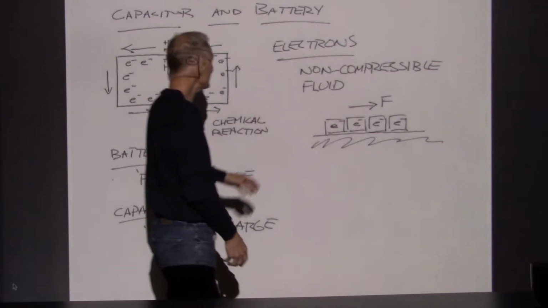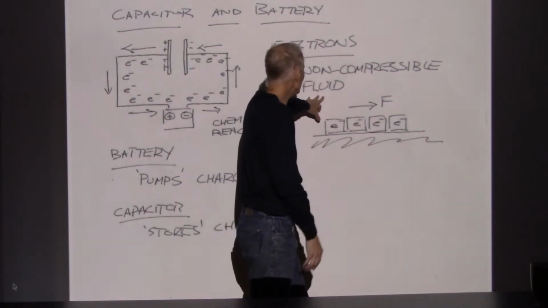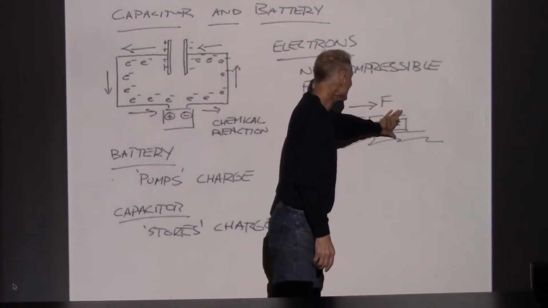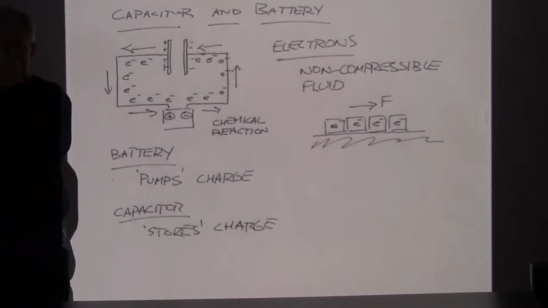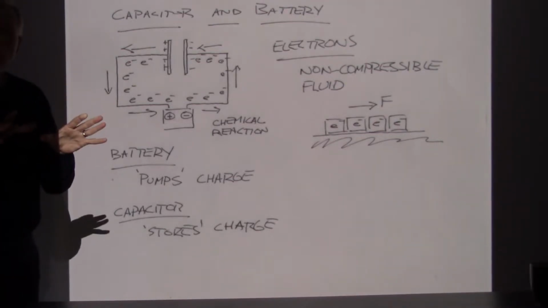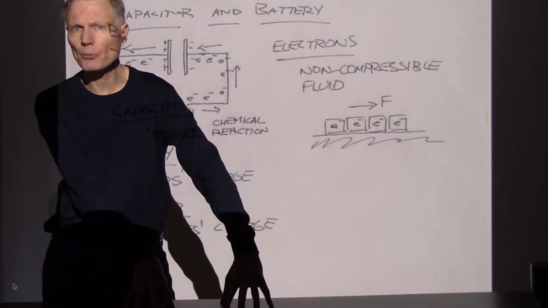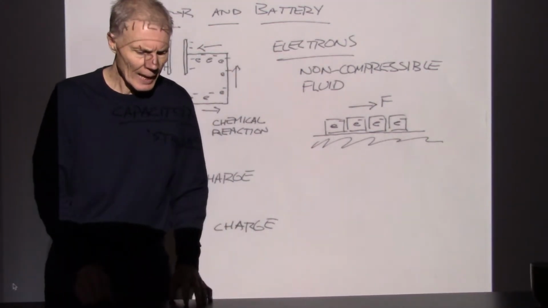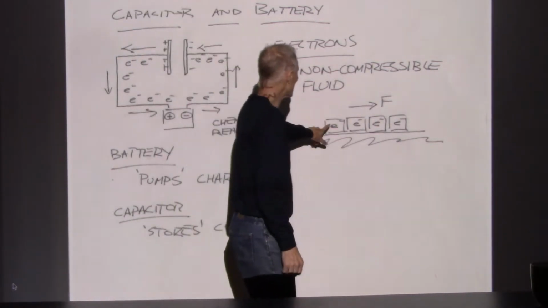And so it's kind of like, well, the non-compressible fluid could also be thought of as a series of blocks. If you want to go back to chapters 4 and 5, what we could do is we could get a bunch of blocks, put them on a surface with friction, and we'll write the symbol electron on each one of the blocks.